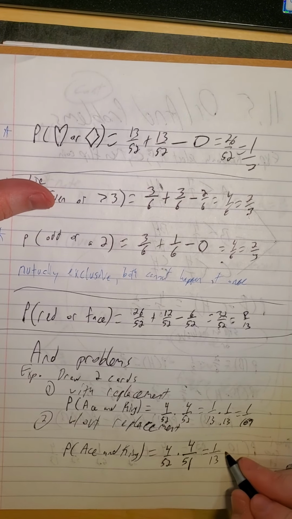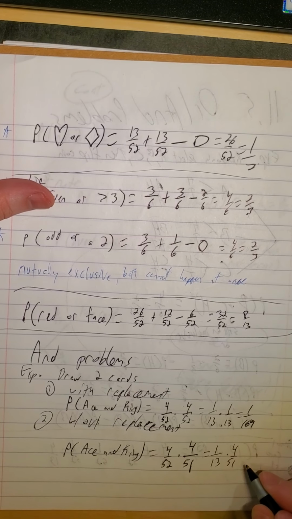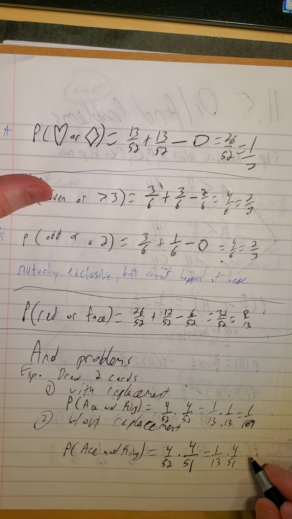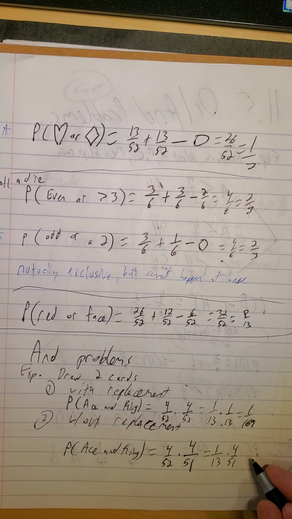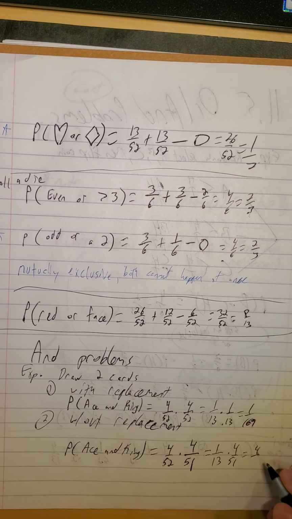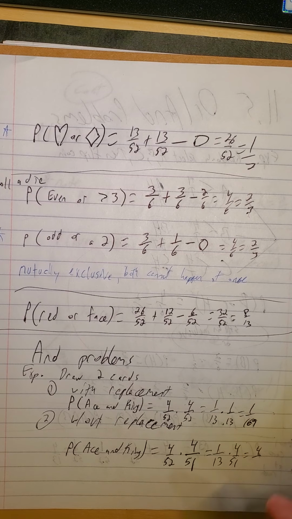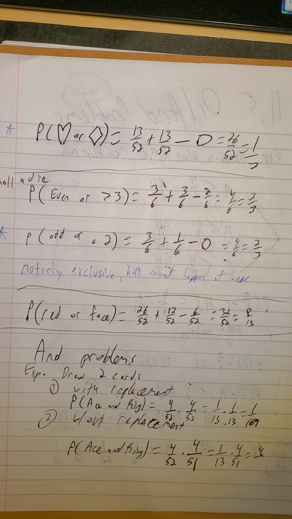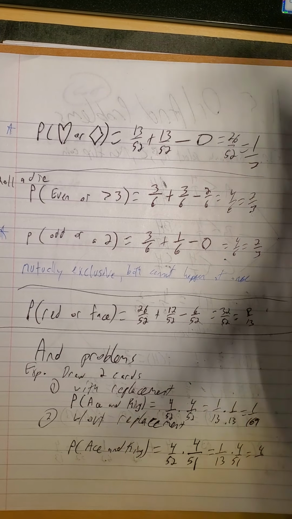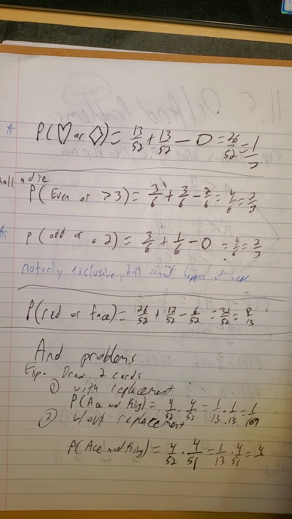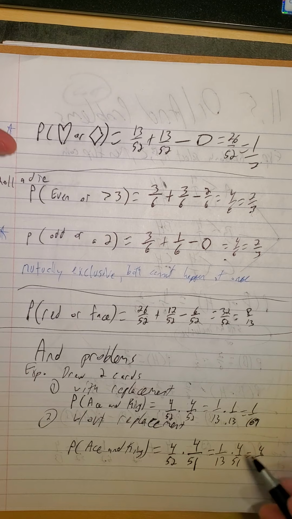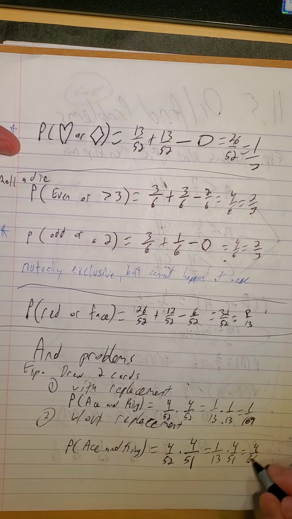So let's see, 1/13th by 4 51st. Be 4 out of 663.